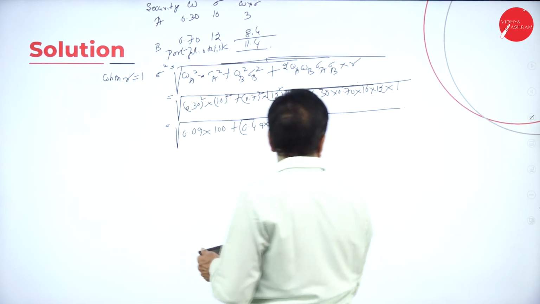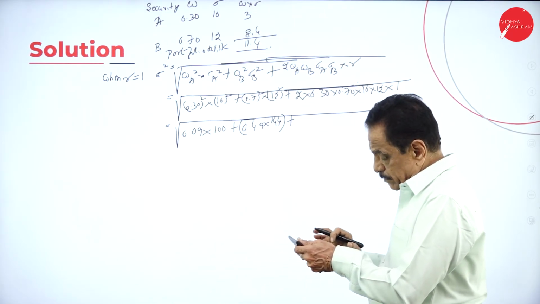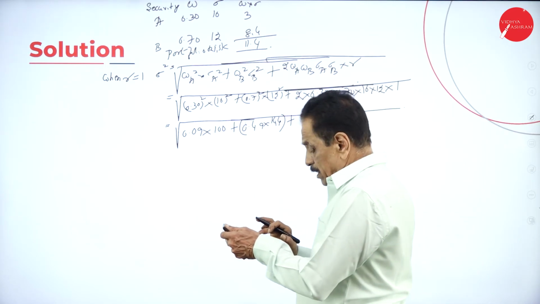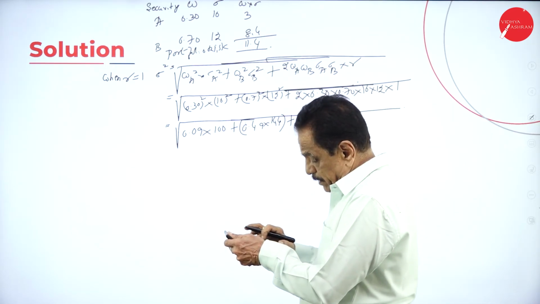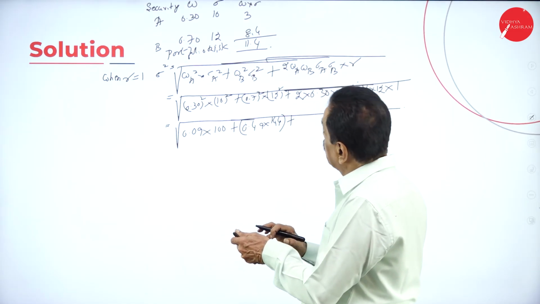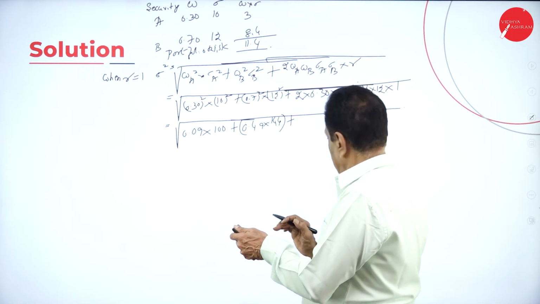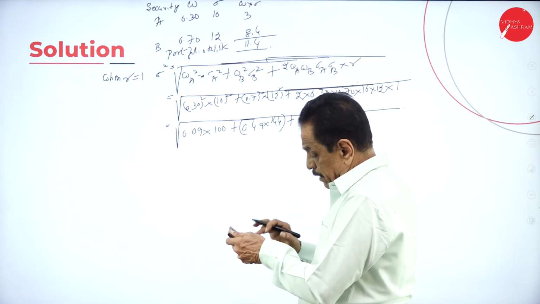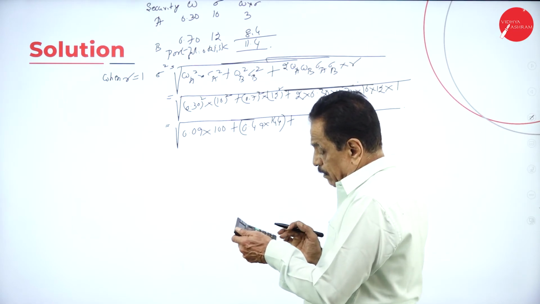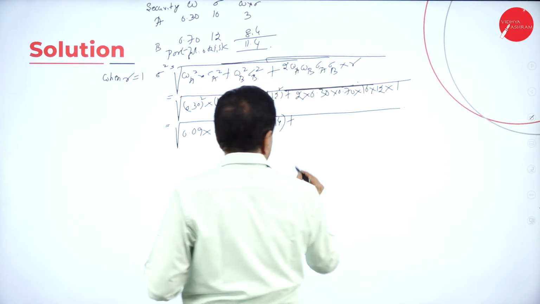Plus 2 into 0.30 into 0.70 into 10 into 12, 50.4.